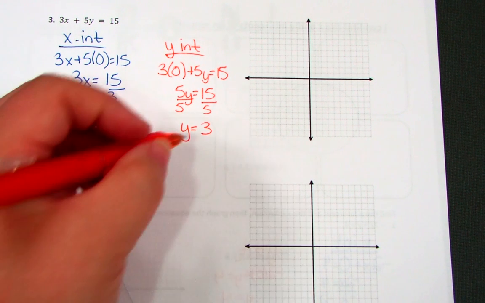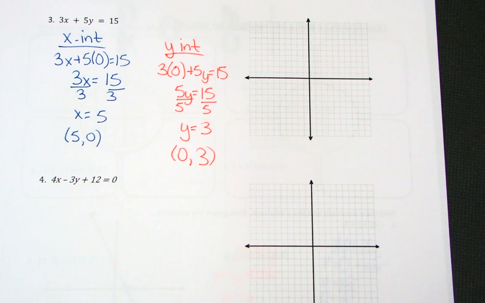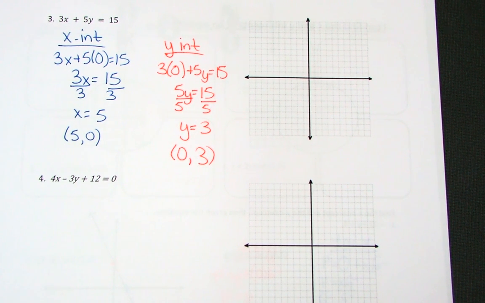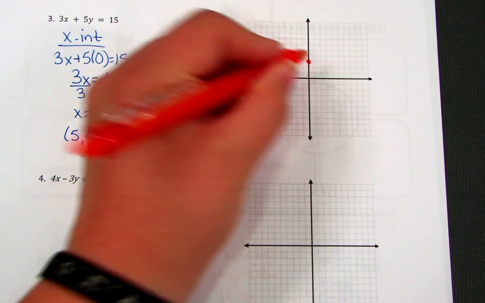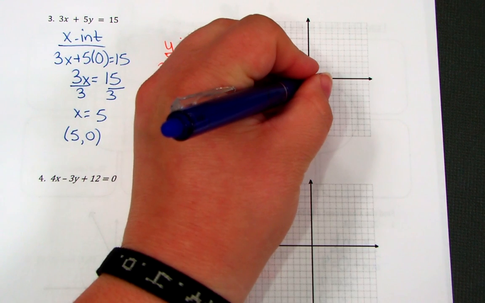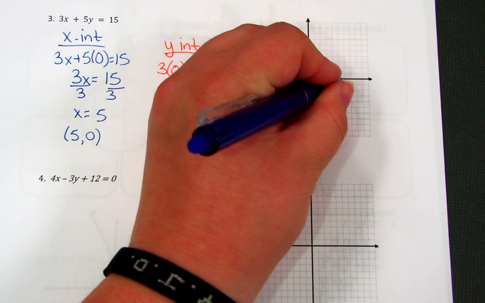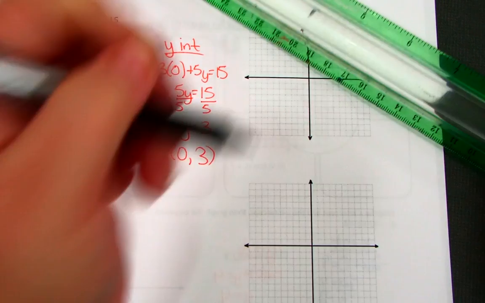So y equals 3, which means my y-intercept is at 0, 3. Graphing it becomes really easy. I'm just going to plot those 2 points. And connect the dots.